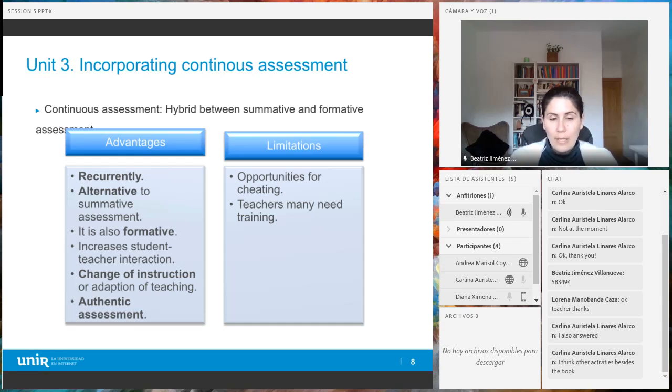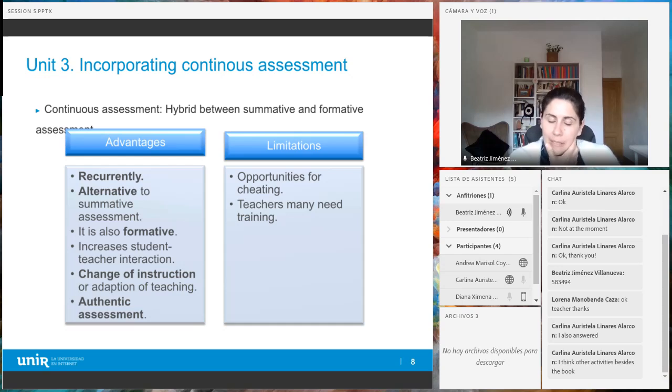If the work has been done by the student, they should be able to explain what they have done, how they did it. But if it's not their work, it would be hard for them to explain, okay. So those are just some ideas to avoid this cheating, okay.